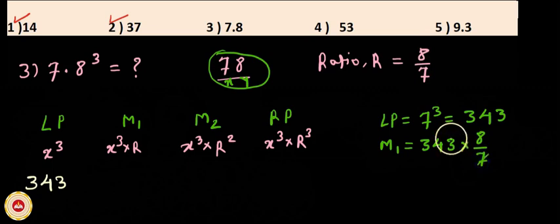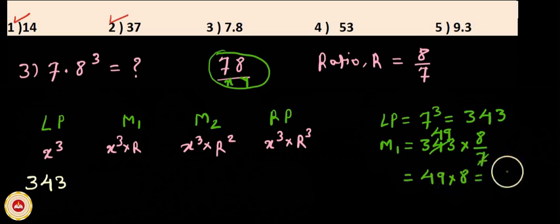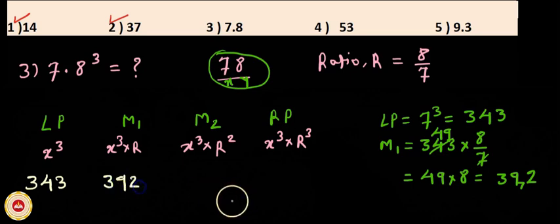Now it will cancel. 49 multiplied by 8. 8 9s are 72, write 2, carry 7. 8 4s are 32, 32 plus 7, 39. So 392 is the value of middle part 1. 392.